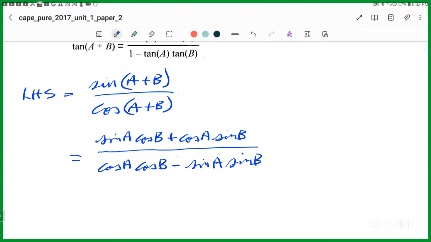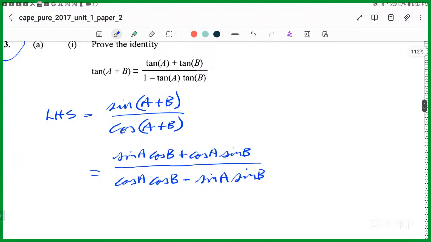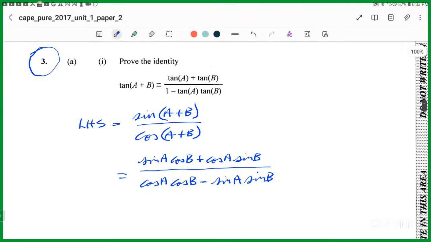Now let's pick a term. This value right here is a 1. In order for this to become that 1, I am going to have to divide by cos A cos B. So I need to divide each term by cos A cos B. That's as simple as that.